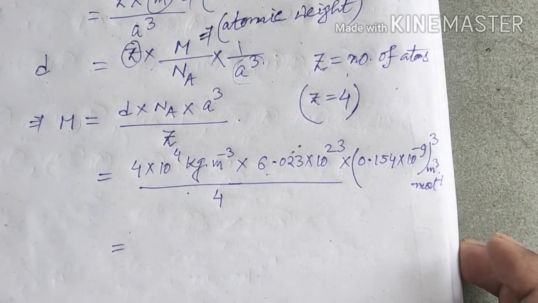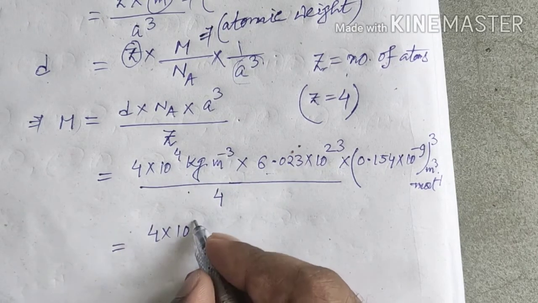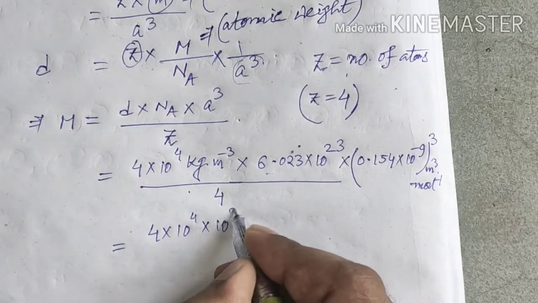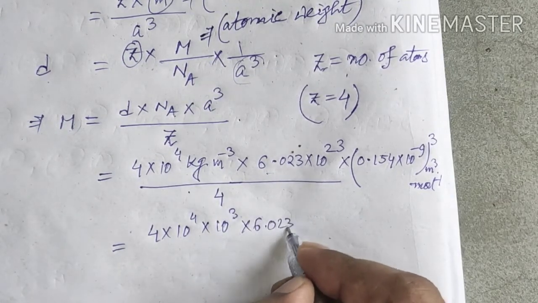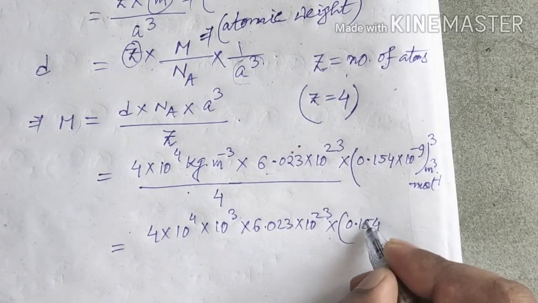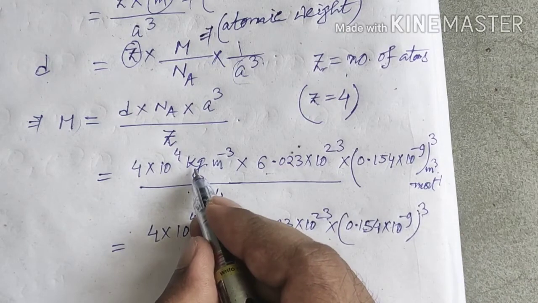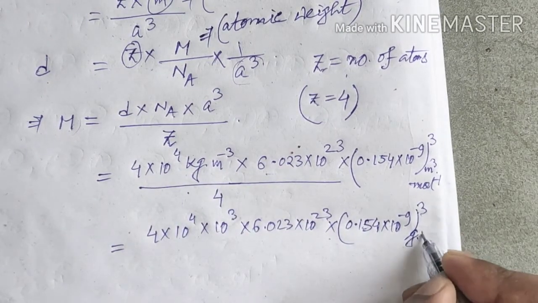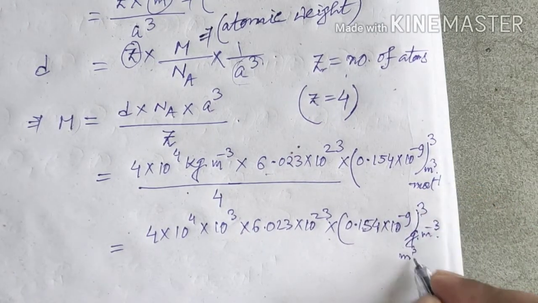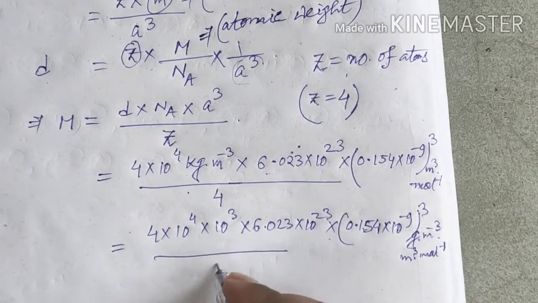If we simplify this equation and transform the density from kg per meter cube to gram per meter cube, then we have to multiply it by 10^3, then the Avogadro number, and this value 0.154 × 10^-9 cubed. The unit will be gram meter to the minus 3, meter cube, and mole inverse, and here is 4.